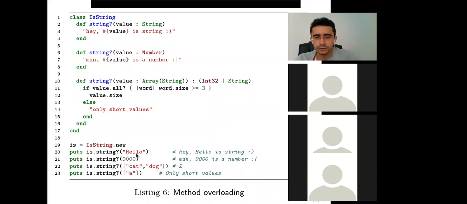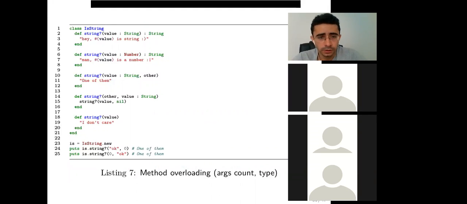I call it with a string, I call it with a number, and I call it with an array of strings, and the code executes these lines. See that line 11 returns this number, and line 14 returns a string, right?